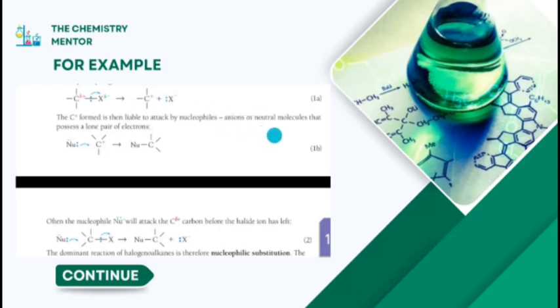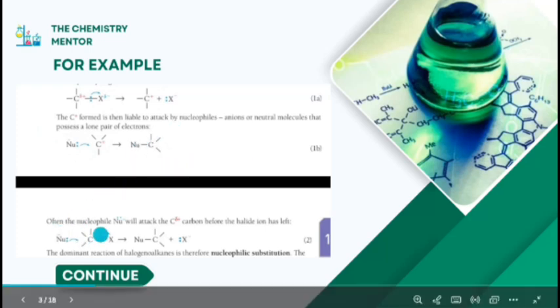Nucleophiles are anions or neutral molecules that possess a lone pair of electrons. For example, the nucleophile will attack to stabilize the carbon atom and stabilize itself. By this way, as you can see, one atom left and the nucleophile attacked and attached to the carbon to get stability.